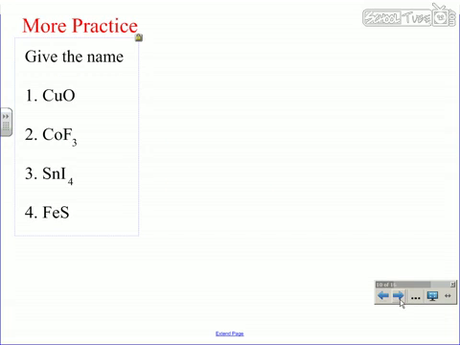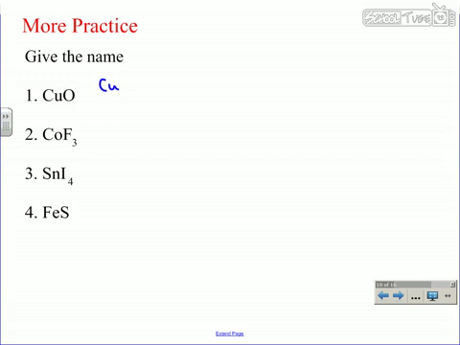Okay? Very good on these? Alright. So let's work on naming. Okay? So, Cu and O. Best practice is to first look at copper. It is a transition element, so I need to check my ion sheet. Does it need a Roman numeral? Yes, it does. So what are my options?